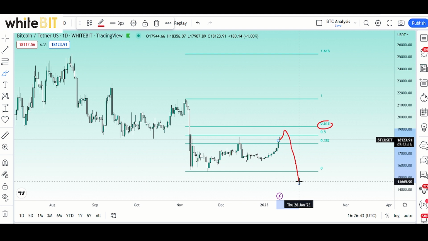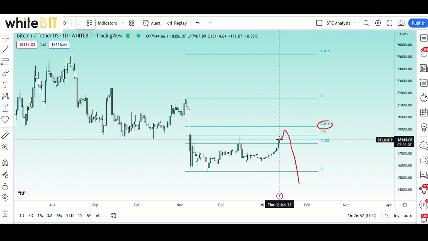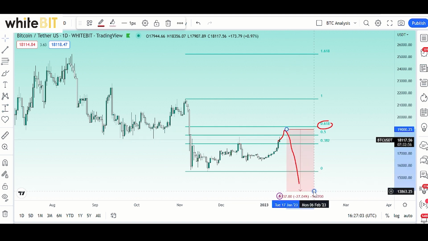And now it doesn't make sense to close my short position because it has the potential to pump only 5%, and the potential dump is 30%, and I don't want to miss this opportunity.